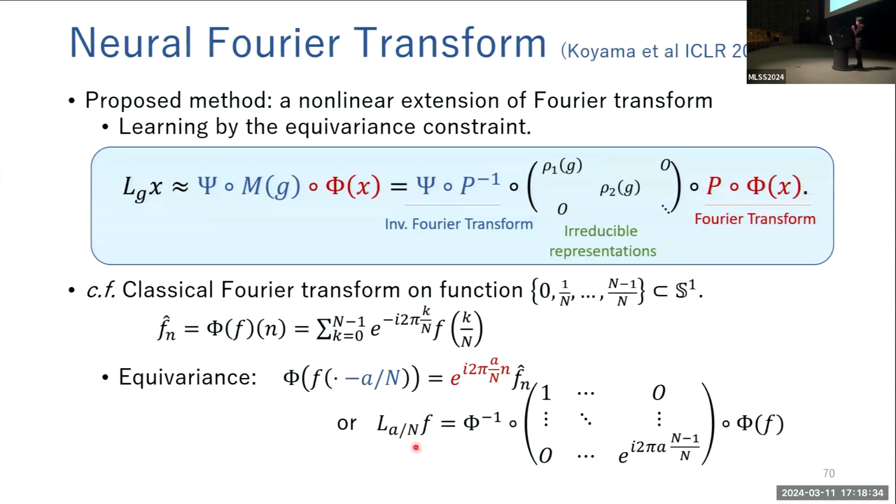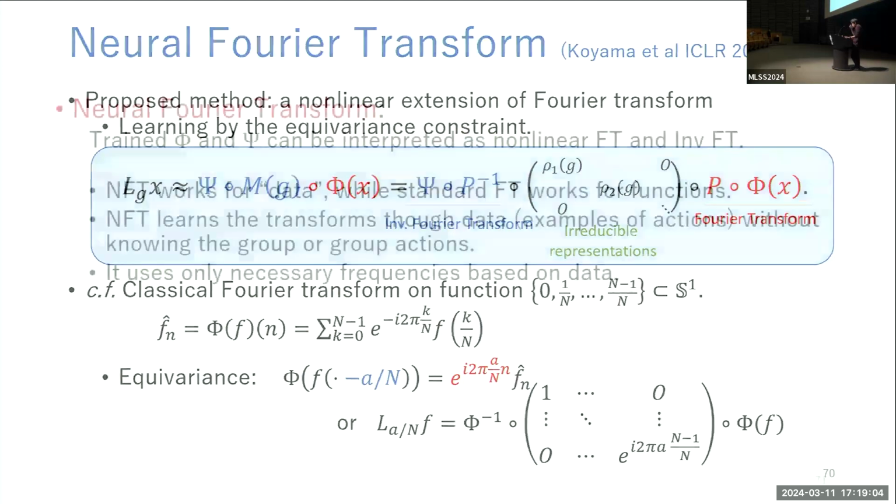So our objective function of the equivariant constraint gives the analogy to the classical formula for the shifted Fourier transform. So the encoder part works as a Fourier transform basically, and the decoder part works as an inverse Fourier transform.